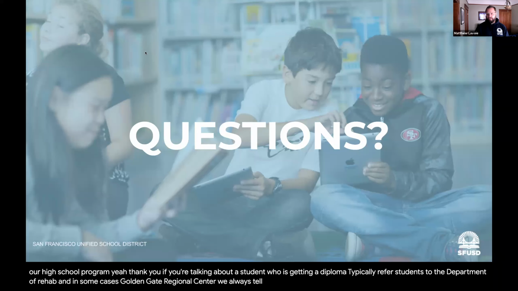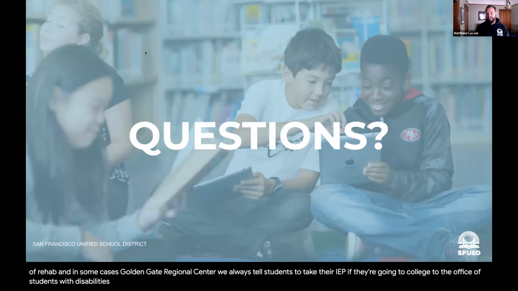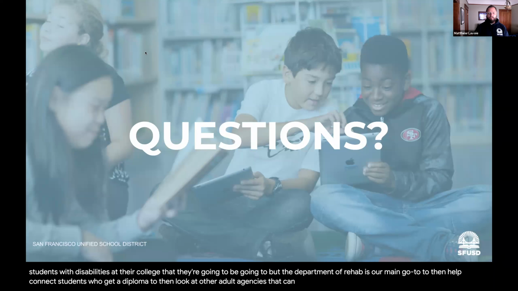We always tell students to take their IEP, if they're going to college, to the Office of Students with Disabilities at their college. But the Department of Rehab is our main go-to to help connect students who get a diploma to other adult agencies that can support them.